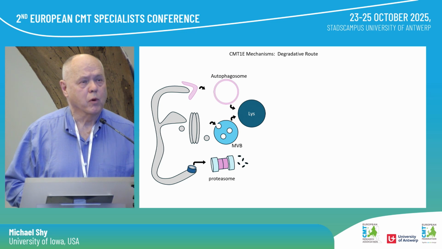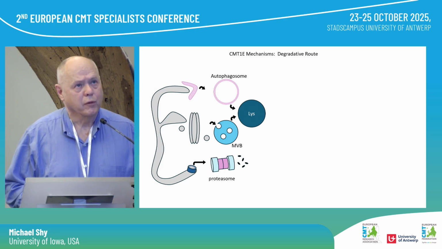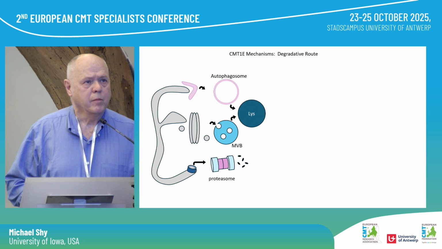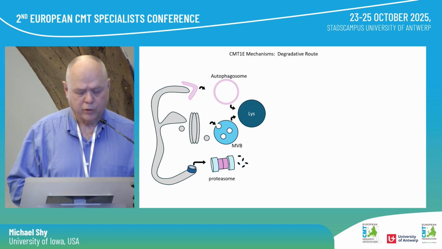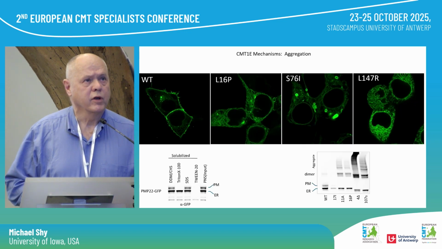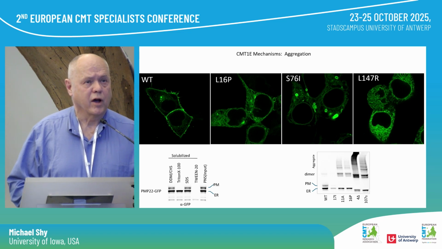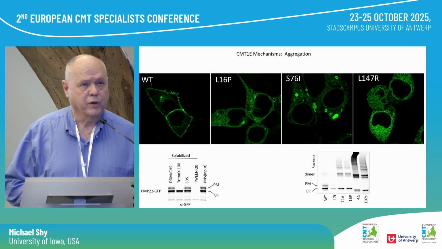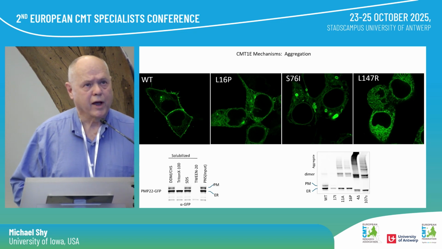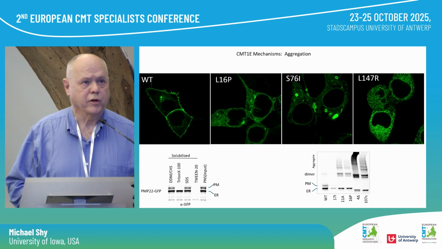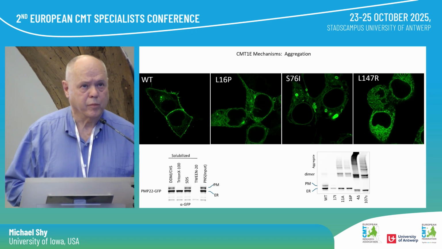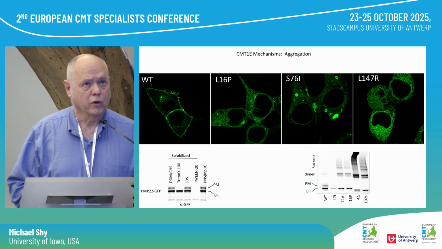And then the last thing we wanted to look at was really degradative mechanisms, because as I'll show you on the next slide, with some of these mutations, like the L16P and the S76I, not only is there retention within the ER, but there are really aggregates forming, suggesting that there are autophagy pathways that we want to look at.